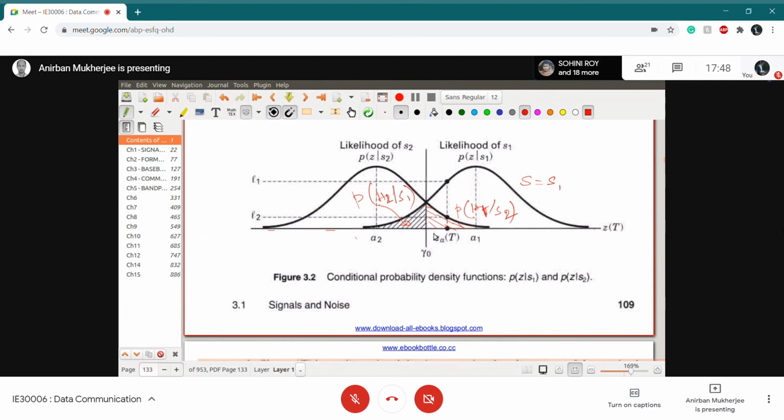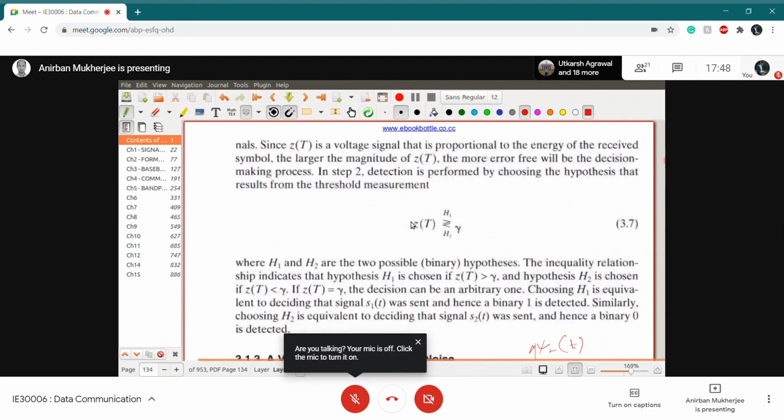Now please see, this portion and this portion are symmetric. So this area is equal to this area. The red area and the black area are the same.